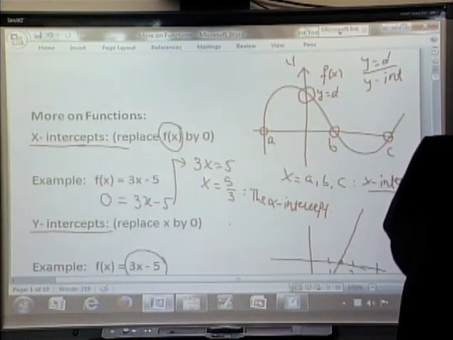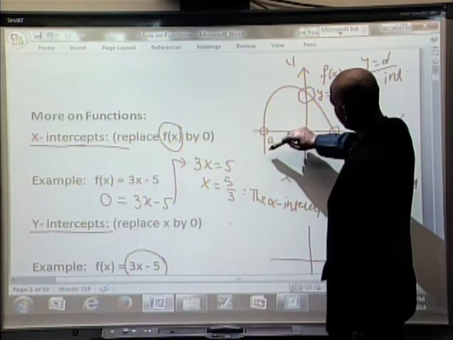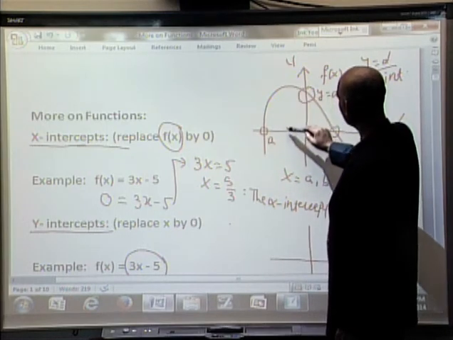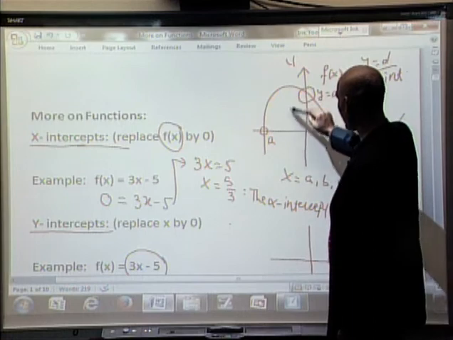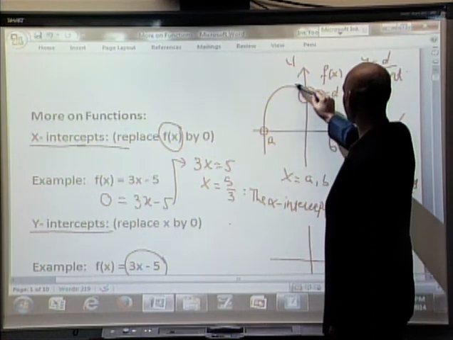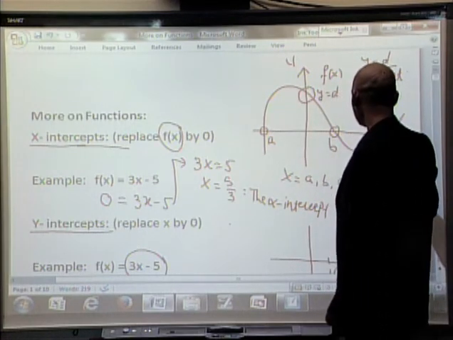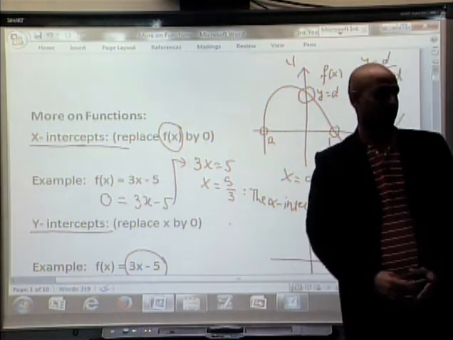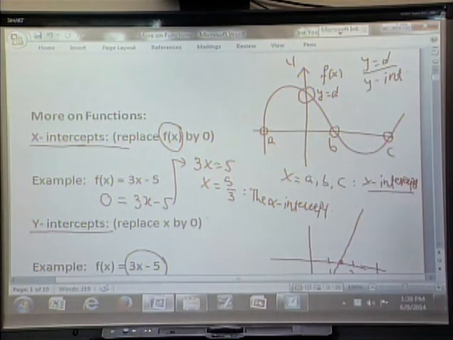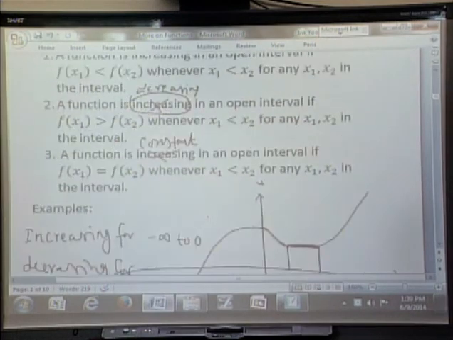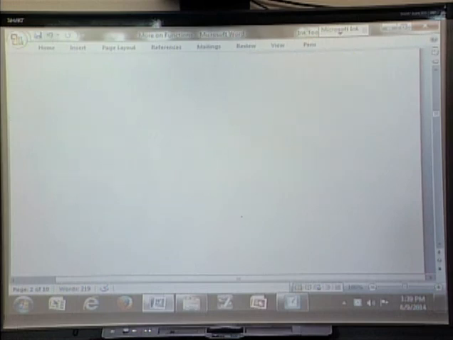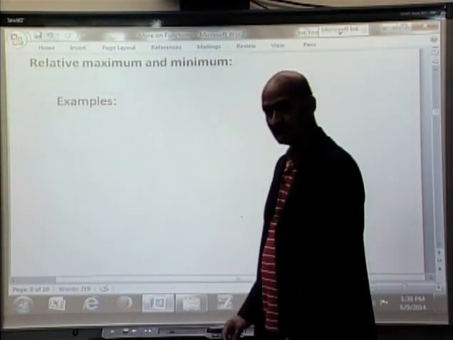If we look at this graph, this function is increasing from x equal to a all the way up to some x value, and it decreases from this x value all the way up to this x value, and again it increases. So, by looking at a graph of a function, we can identify where the function is increasing and where the function is decreasing.